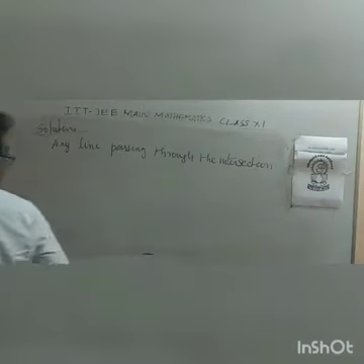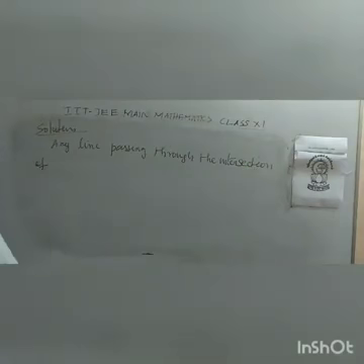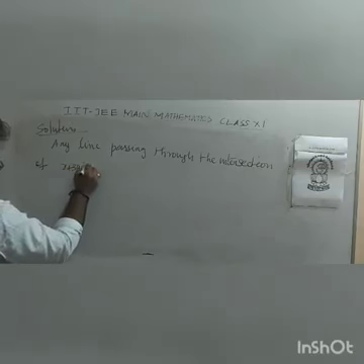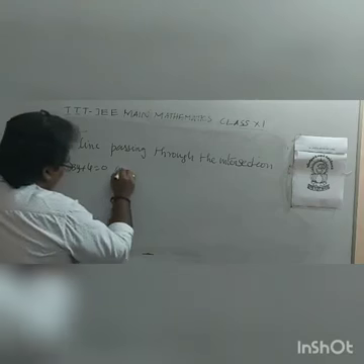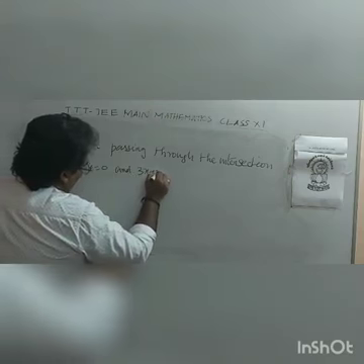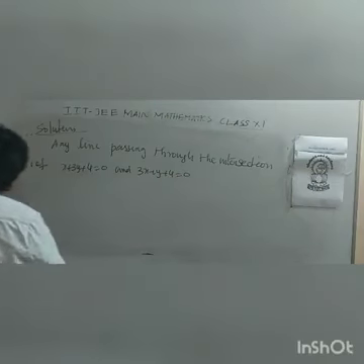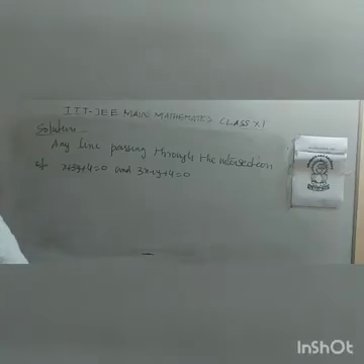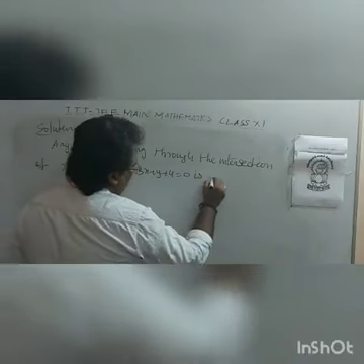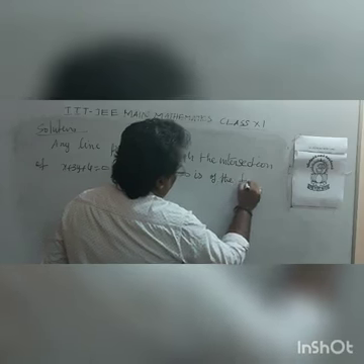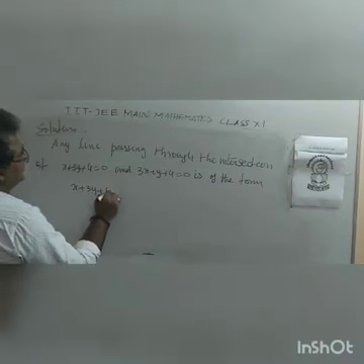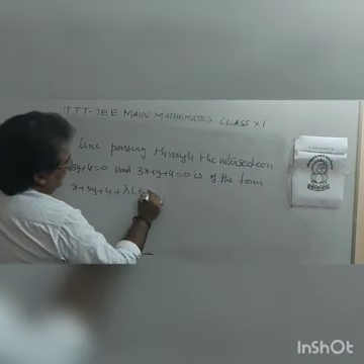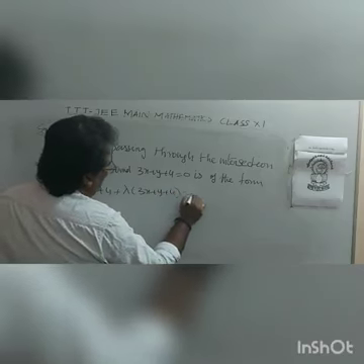Any line passing through the intersection of x plus 3y plus 4 equals 0 and 3x plus y plus 4 equals 0 is of the form x plus 3y plus 4 plus lambda into 3x plus y plus 4 equals 0.